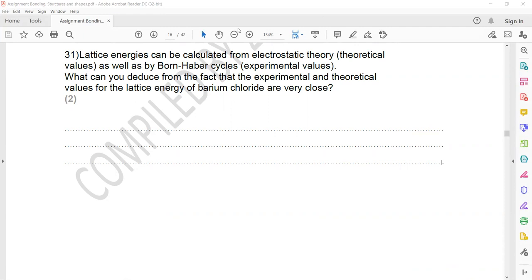When lattice energies are very close, it means the bonding is 100% ionic and there is no polarization or distortion to the ions.